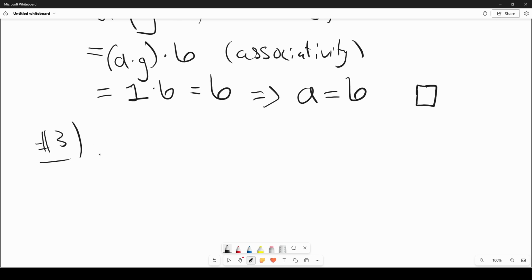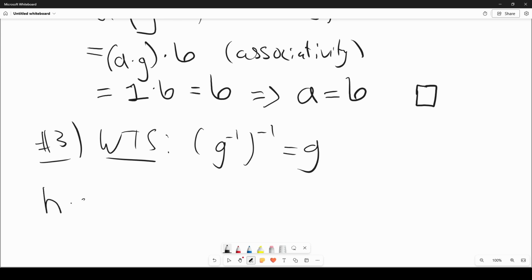Okay. So this one is actually not so bad. We want to show, WTS means want to show, that the inverse of G inverse is G. So this just means we want to show that the inverse of G inverse is that element, let's call it H, such that H times G inverse equals G inverse times H equals 1.